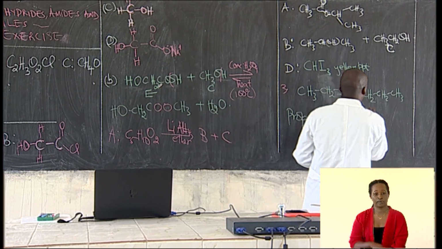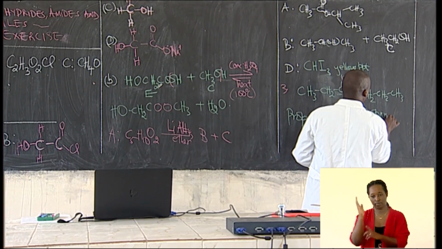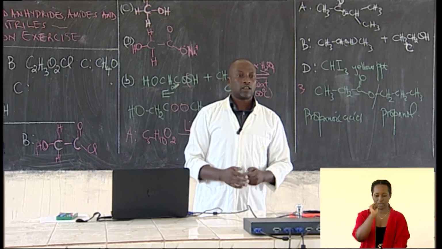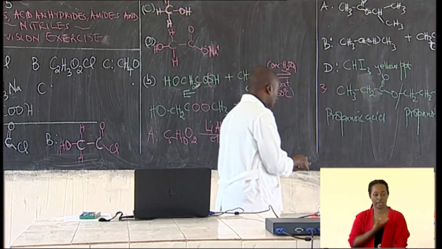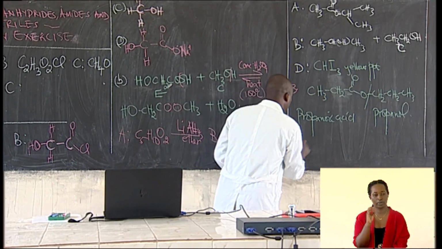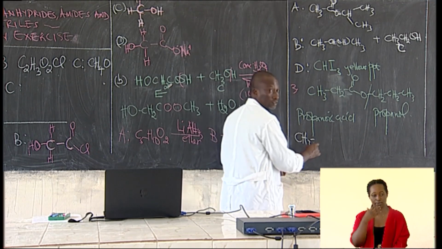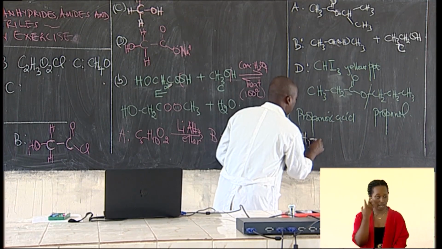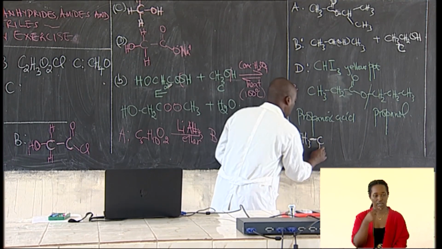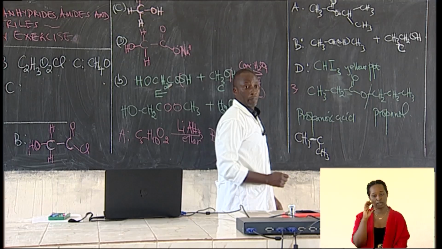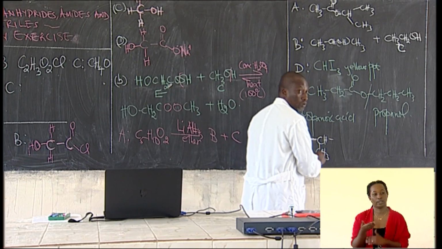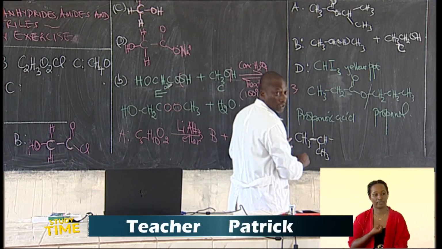And then we have propanol. So they are reacting together to produce that. We have another one, which is CH3. These are 2. So we may have CH3, CH3, and then you have H. Then you have, how many are they?